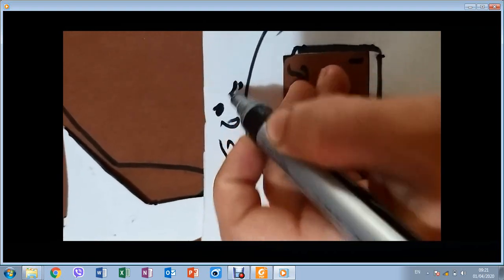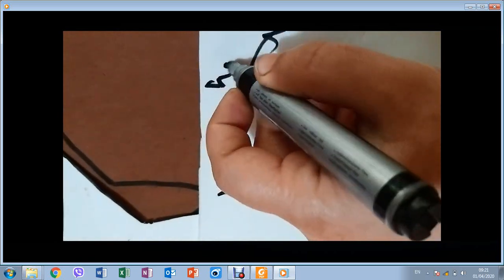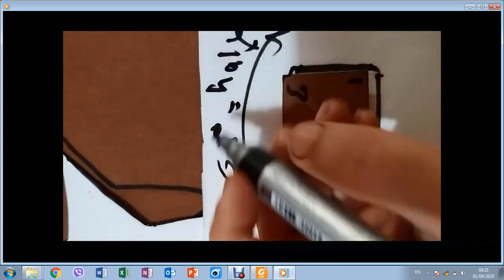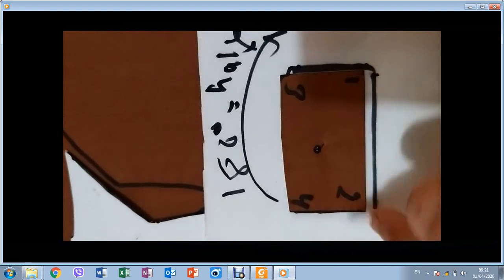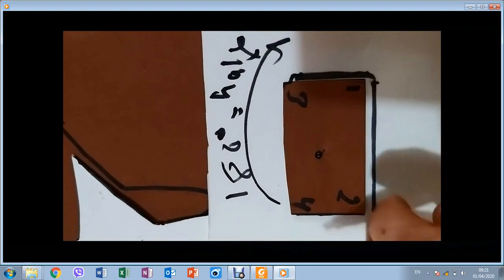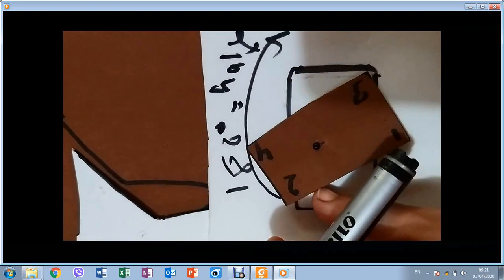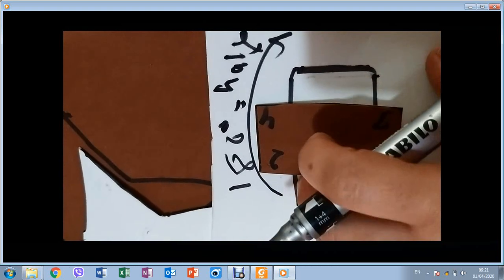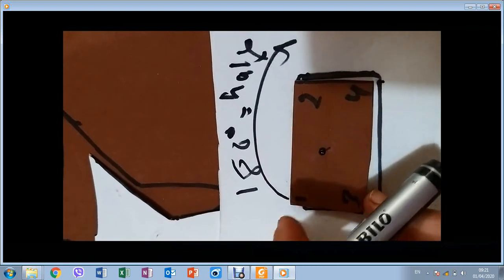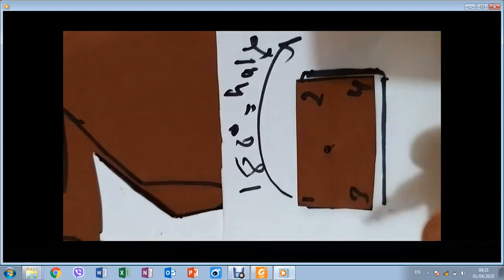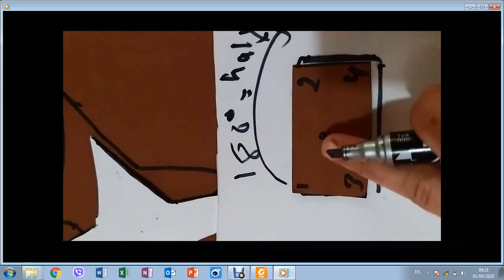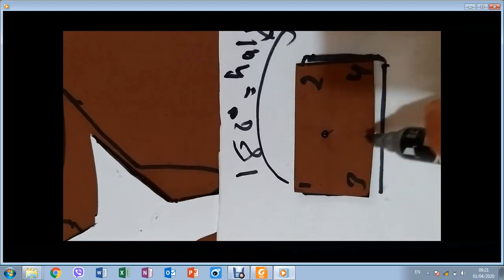It's the same. So this is rotational symmetry. You can rotate it counterclockwise or clockwise, no problem. When we rotate it another time, it comes to the original place again.